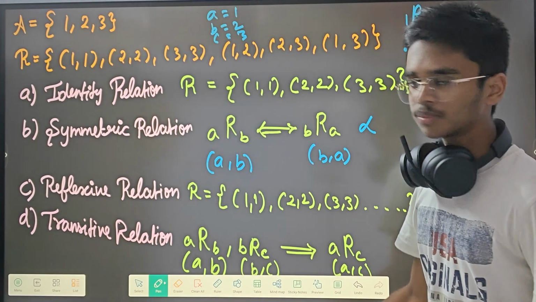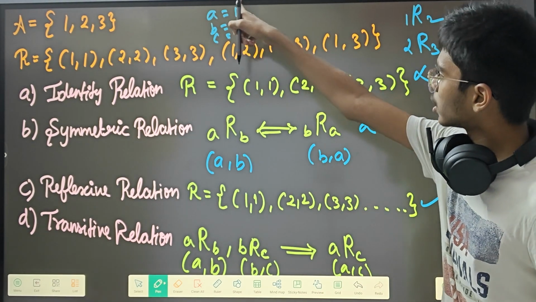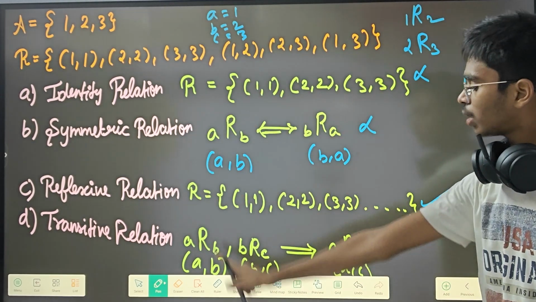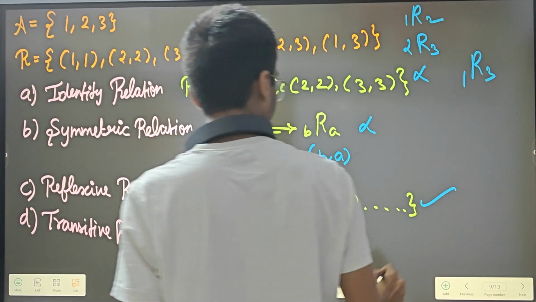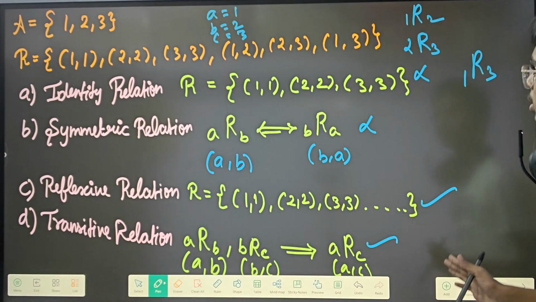So this is applicable. You can also substitute 1 in place of A, 2 in place of B, and 3 in place of C, and then check. So yes, it is transitive.